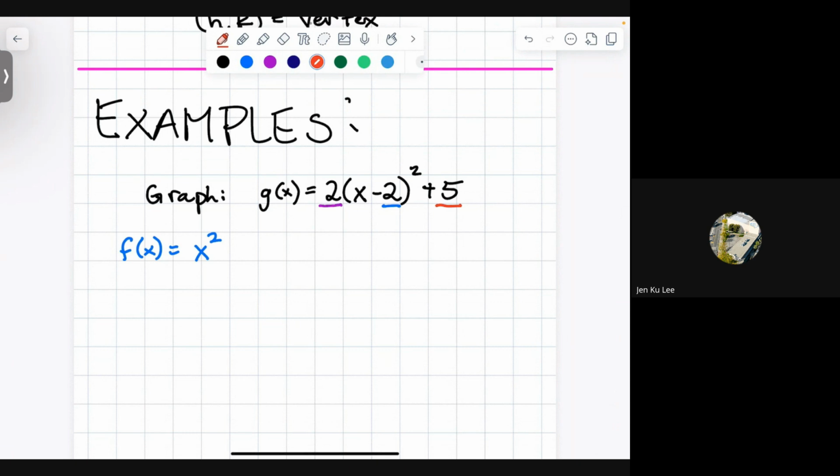Remember back in our transformation lesson, this 2 here, we are multiplying the function by 2. When we're multiplying, it's a stretch or compress. Since it's on the outside, it's a vertical stretch or compress. So this is a vertical stretch because 2 is greater than 1.